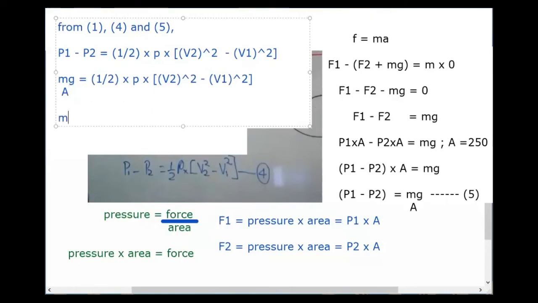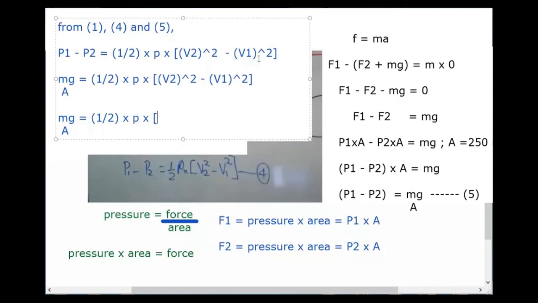But look at the board. This term does not change. Mg over A is not changed. Equals, look at the board carefully, half into rho into, now what is V2, dear, according to equation number 1? If you want, I can show you equation number 1 here.